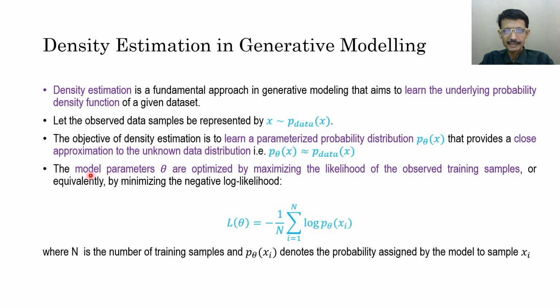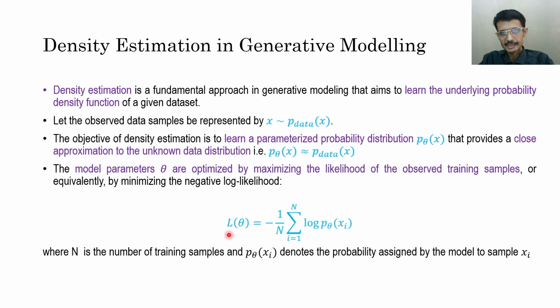So the model parameters theta are optimized by maximizing the likelihood of the observed training samples, or equivalently by minimizing the negative log likelihood.